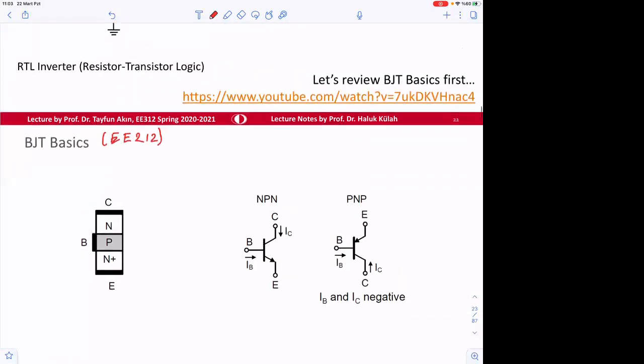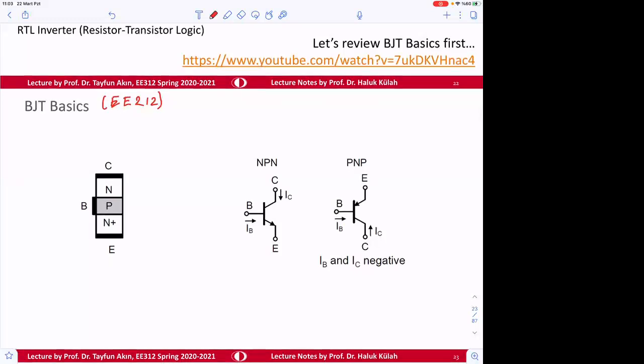In fact, maybe we will see the cross-sectional view of this device in actual implementation. But typically in the courses, we define this as a device like this, okay? Whereas in real life, maybe we create this by doing that.